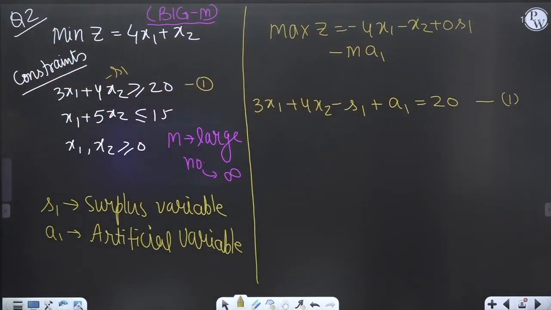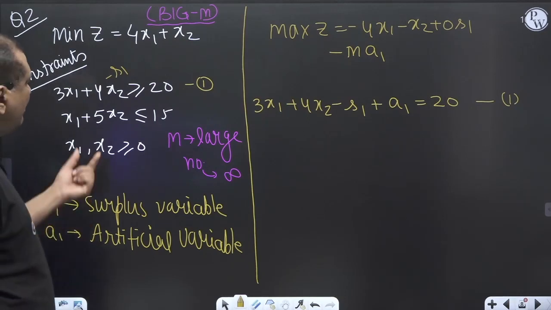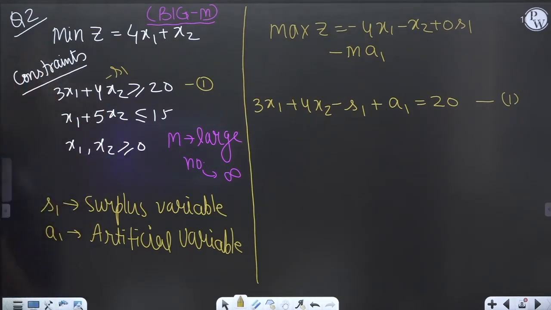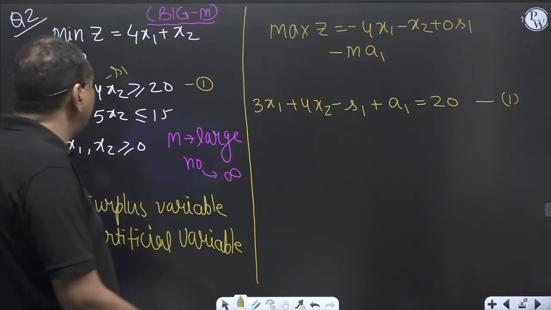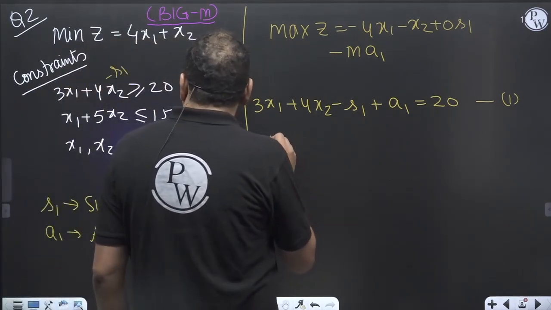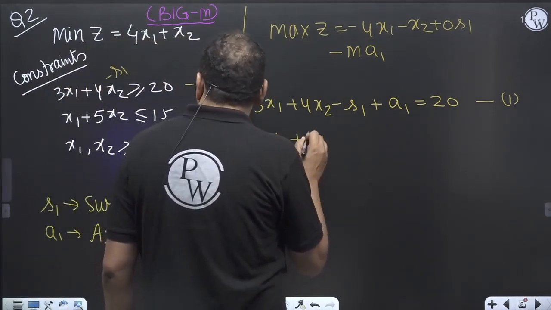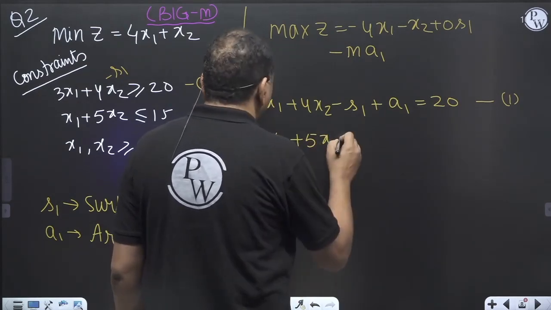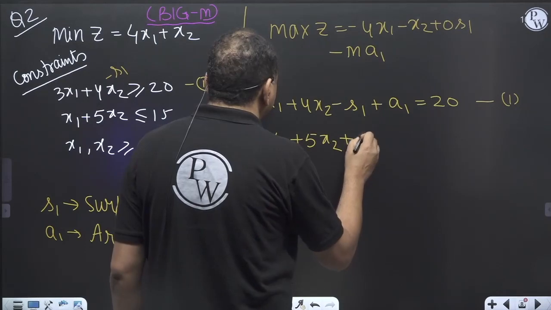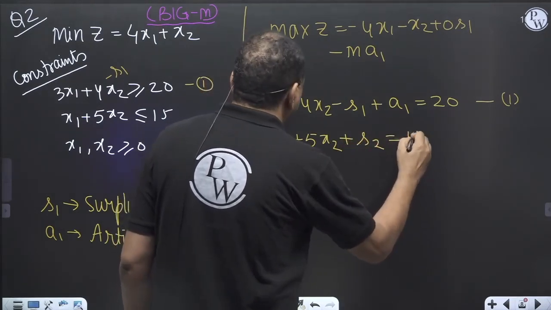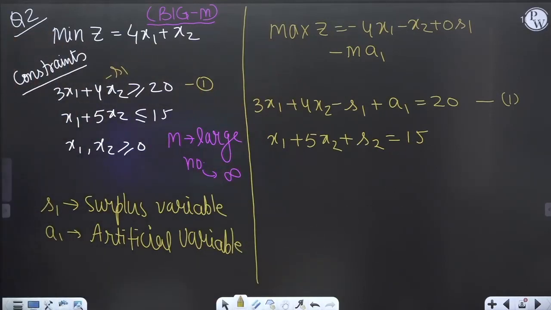Now the second constraint, the left hand side is slightly less. So here we will add a slack variable. So x1 plus 5x2 plus s2 is equal to 15.